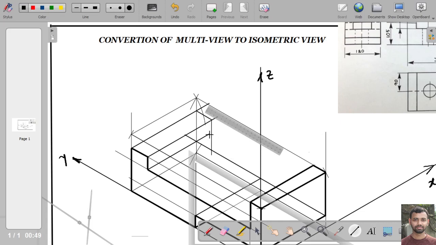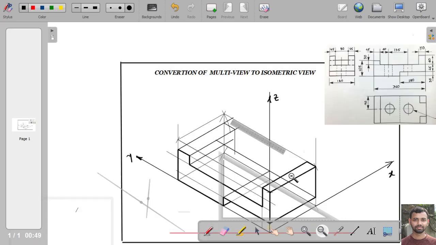Okay. This line will be extended a little bit. This line will be extended a little bit. Okay.